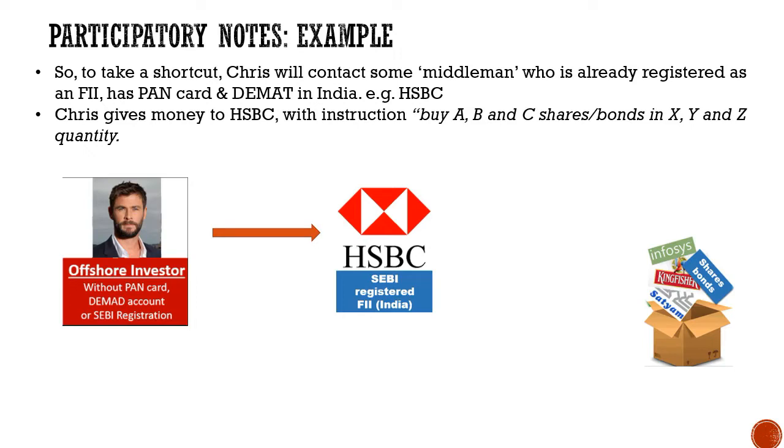It is registered in India, it has a PAN card and demat account in India. Chris will now give money to HSBC with the instructions to buy A, B, and C shares or bonds XYZ in whatever quantity he wants. So now these shares will be bought by HSBC and that will be the FII's portfolio.